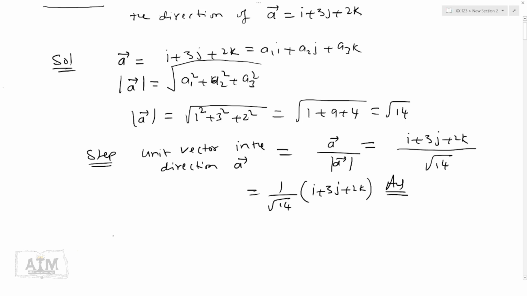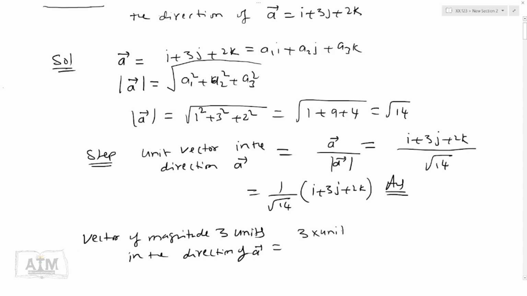Now the vector of magnitude 3 units in the direction of vector A equals 3 times the unit vector.